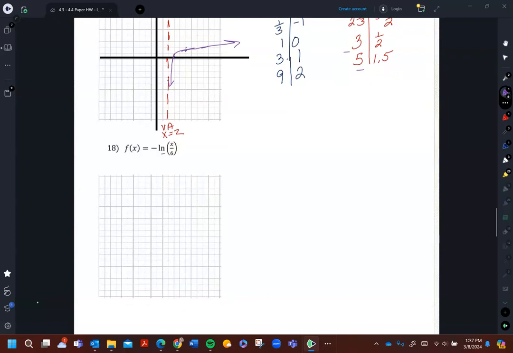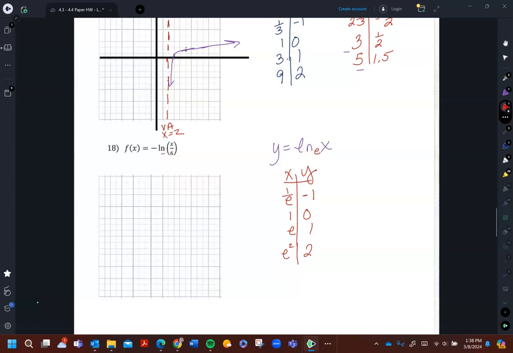And if we have a natural log, our parent is ln x, but remember the base is e. So when we're writing out the values here, our x and y for the parent is going to be 1 over e, negative 1, 1, 0, e, 1, and then e squared, 2 if you need another point.